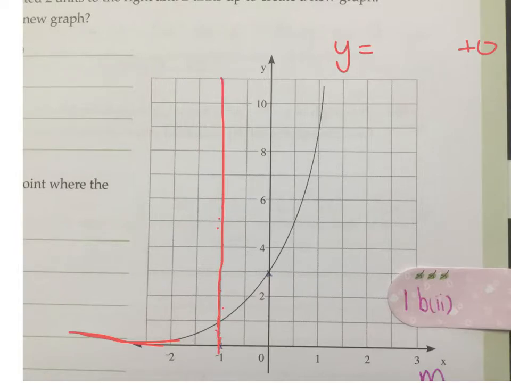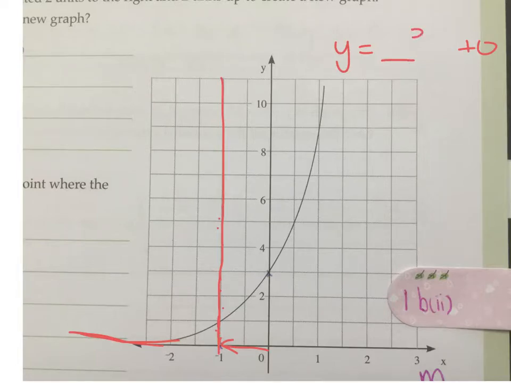So what that means is this particular graph is sitting 1 unit left from where it usually should be. So this y-axis has effectively made the entire graph move to the left by 1 place. Now, we've still got to work out this number here, but the exponent will always be x.